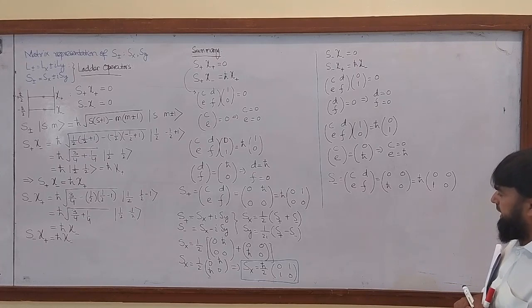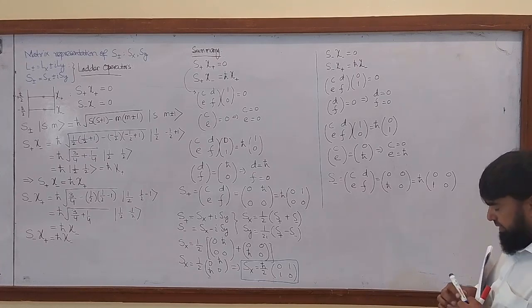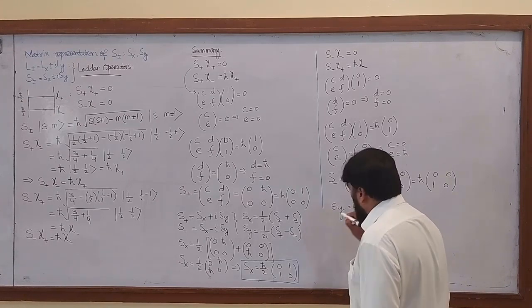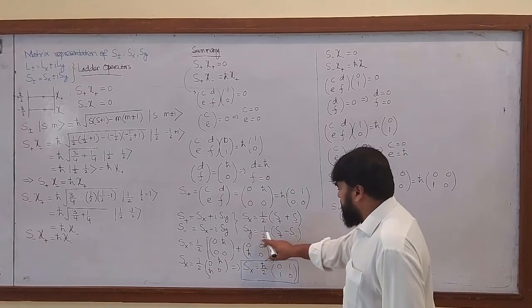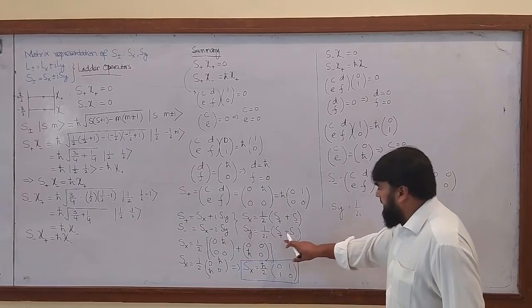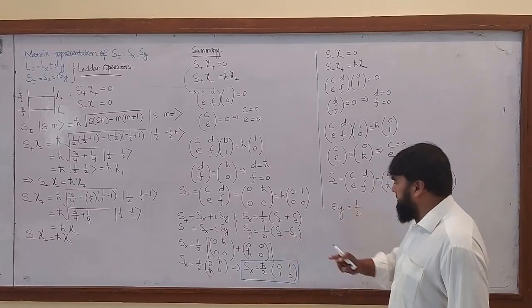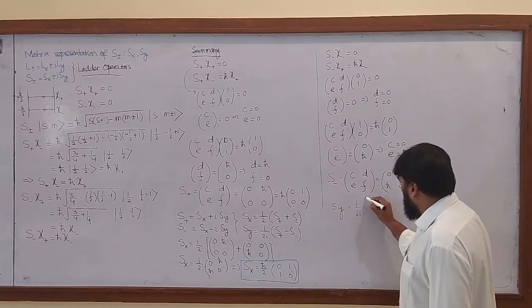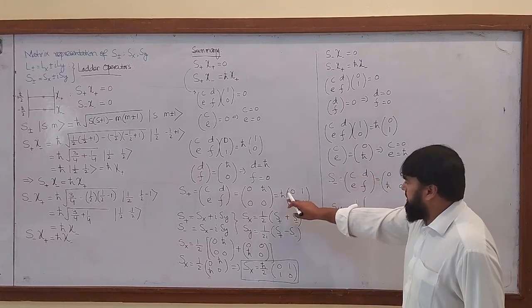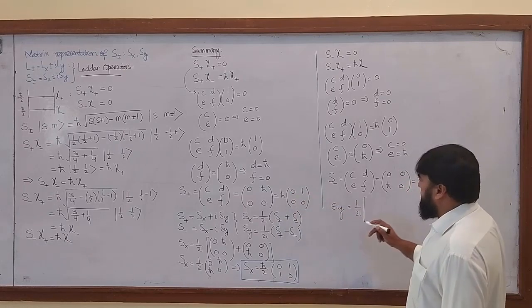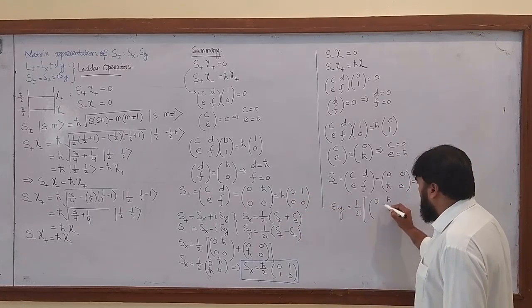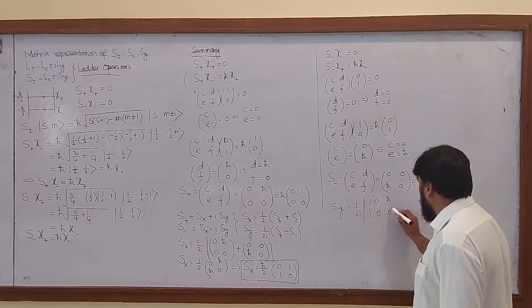What about Sy? Sy from here is 1 over 2i, and then S plus is subtracted by S minus. So S plus is this one, which is 0 h bar and 0 0.